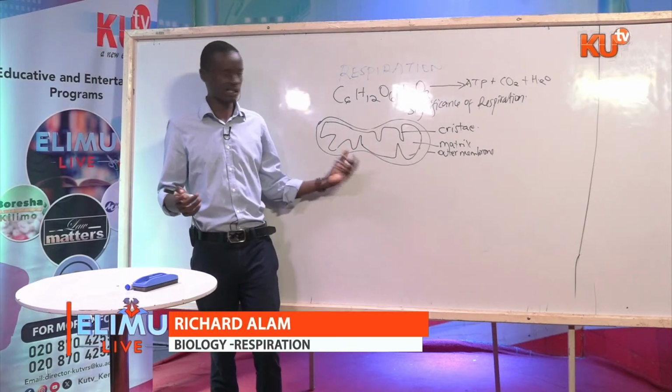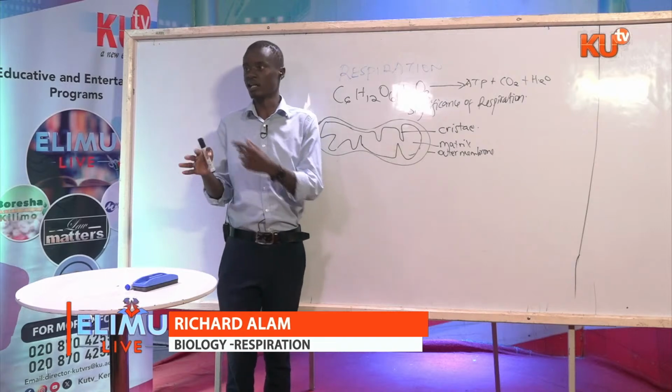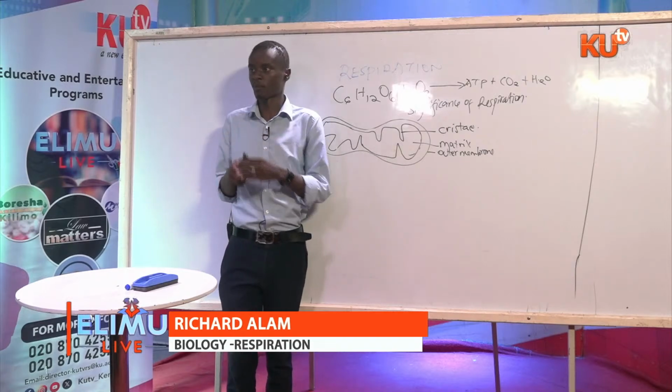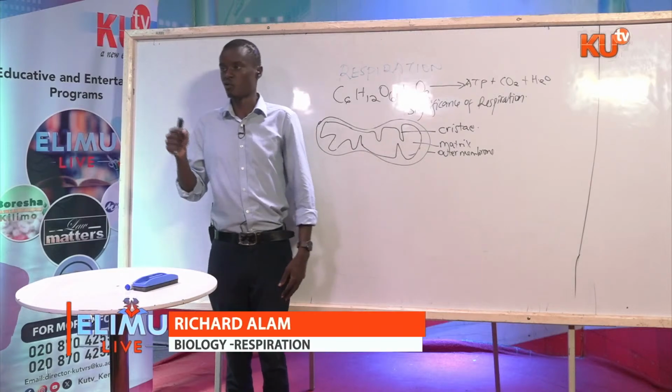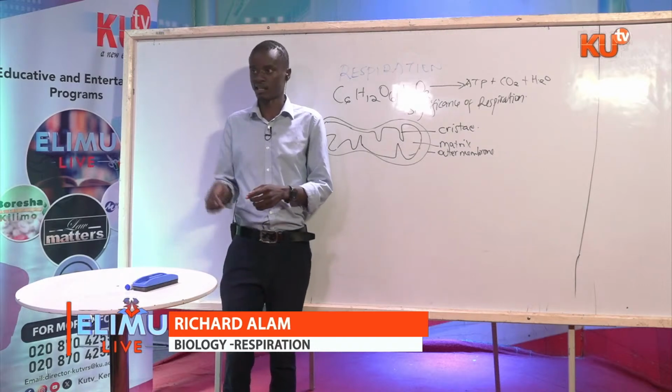So the correct point is that the inner membrane is greatly folded into cristae to increase the surface area for attachment of respiratory enzymes. That's correct.